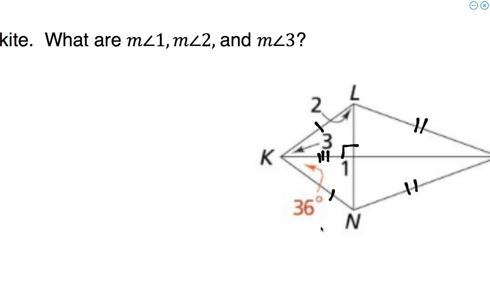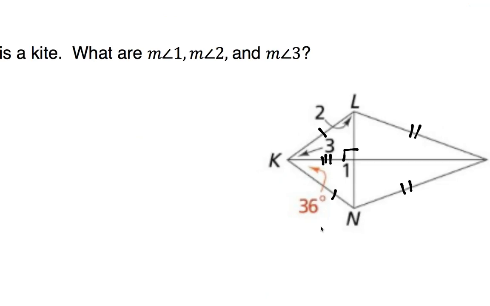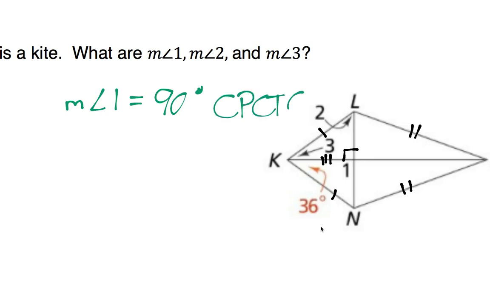So if I establish that right now and say hypotenuse leg, these two triangles are congruent, then I can say the measure of angle 1 is 90 because of CPCTC. I could also say they're a linear pair, they're supplementary, so they add up to 180. I can do that as well.